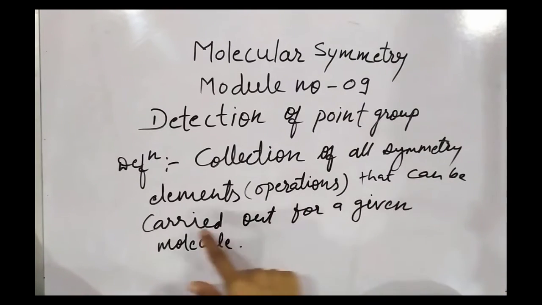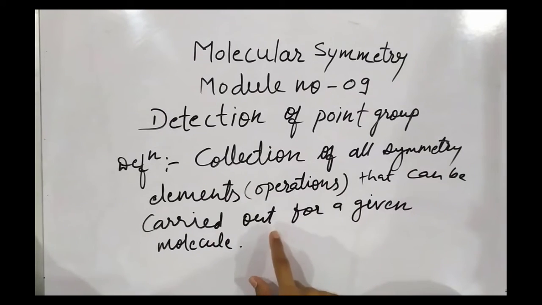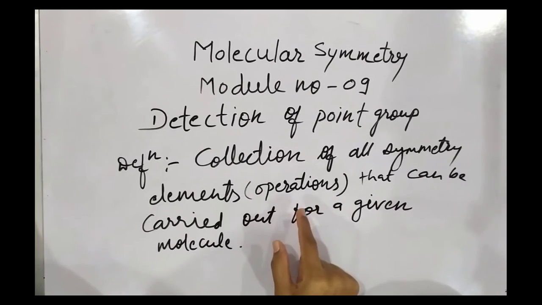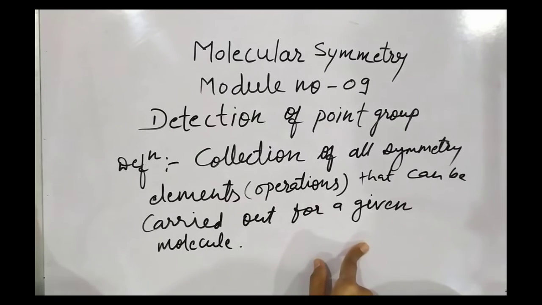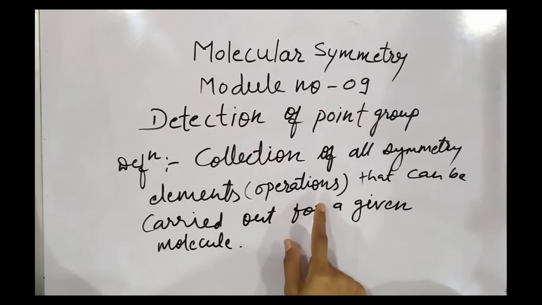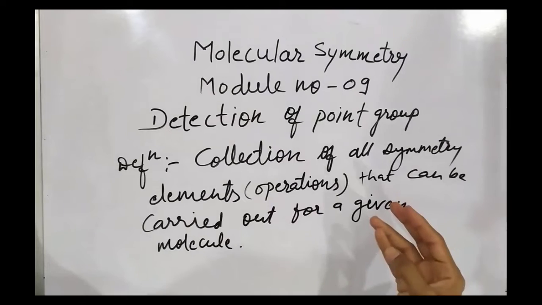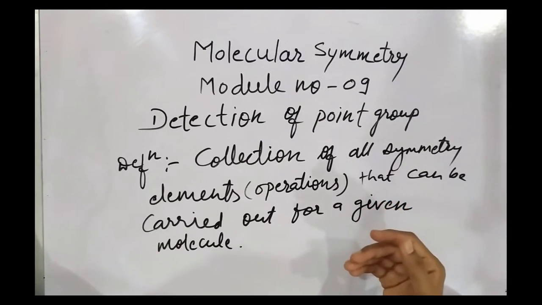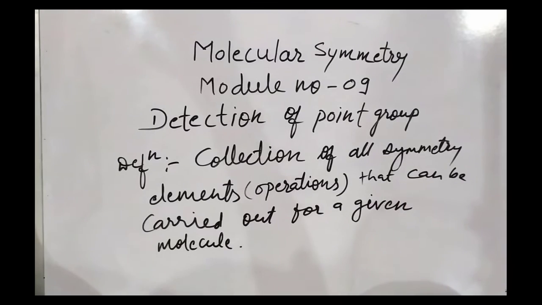That can be carried out means we have to find every possibility, every possible operation that is present in a given molecule, whether it is Cn, plane, that is sigma, inversion center, or whatever.